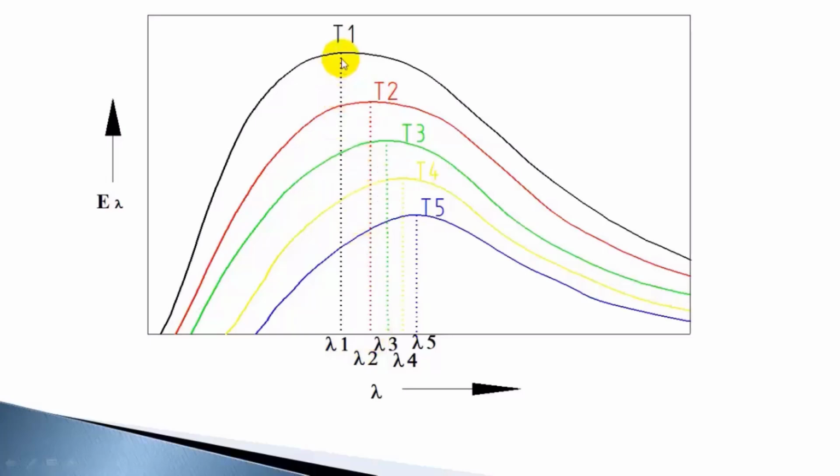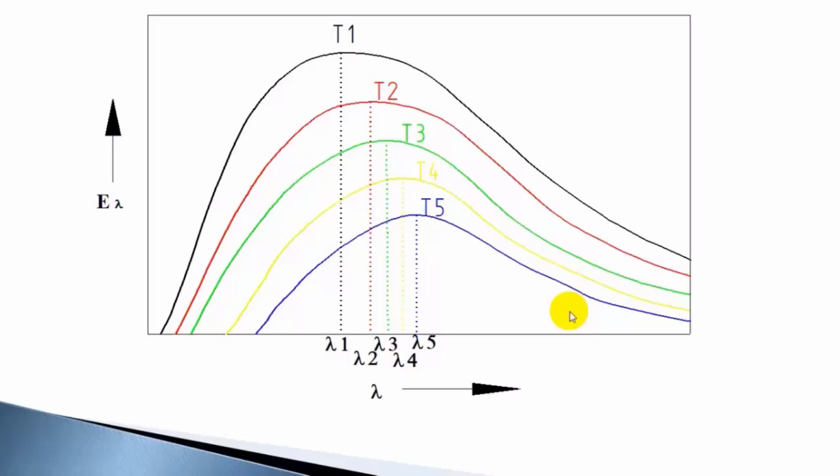Now if you take the product, T1 lambda 1 is equal to T2 lambda 2 is equal to T3 lambda 3 is equal to T4 lambda 4 is equal to T5 lambda 5. So the product of temperature and wavelength at which the peak occurs remains constant. That is nothing but Wien's displacement law.